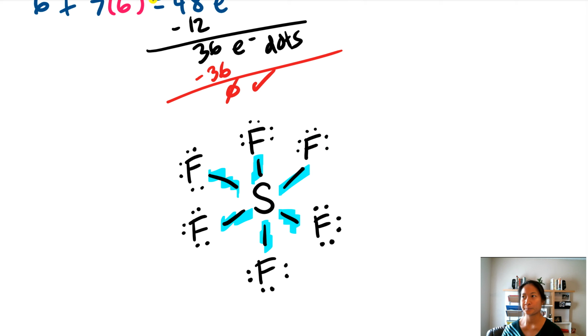Wait a minute. That's more than 8. That's more than the octet rule states. But just keep in mind, sulfur is allowed to have more than 8 electrons because it has empty d orbitals. It is on the 3rd row, so it can acquire more than 8 valence electrons. So this is allowed. This here would be your final answer.